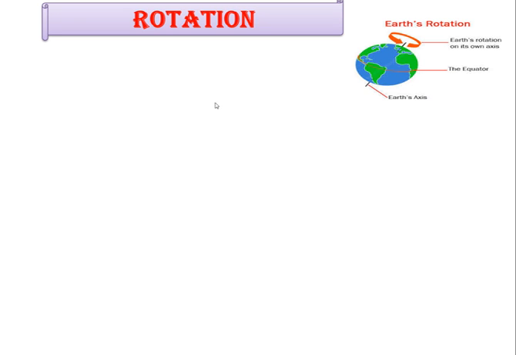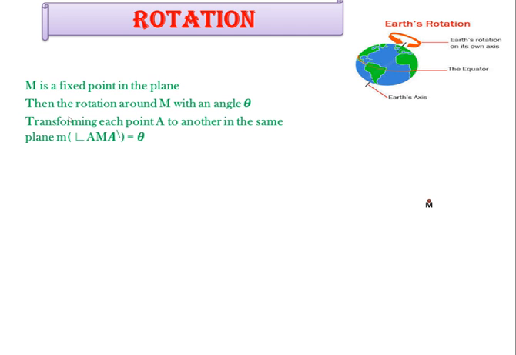But in mathematics, if we have a point M that is a fixed point in the plane, then the rotation around the point M with an angle theta means any measure of angle, 90, 30, 70, 100, whatever the angle, transforming each point A in the plane.